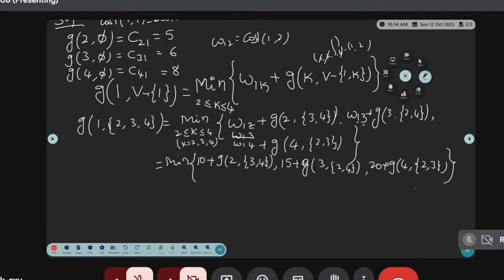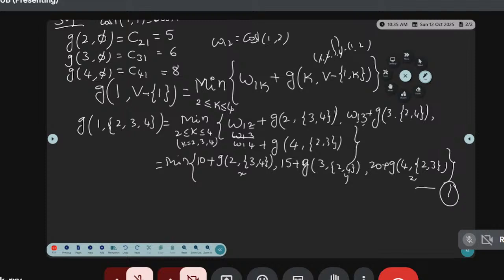Now this is equation 1. If you know these three values, g of 2 comma 3 comma 4, g of 3 comma 2 comma 4 and g of 4 comma 2 comma 3, then for example this is x value, this is y, this is z. Now 10 plus x, 15 plus y, 20 plus z, then among these we'll select a minimum value, but we don't know what x comma y comma z are.